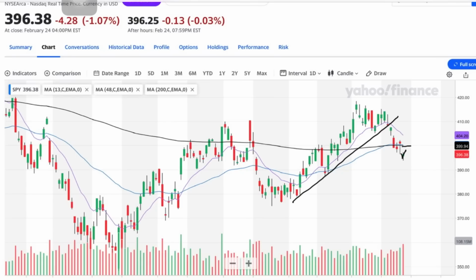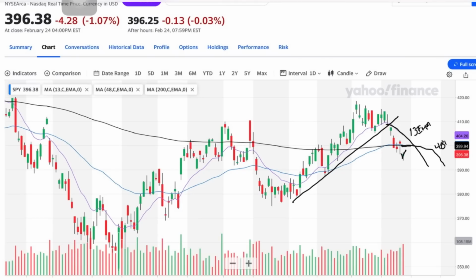But also take a look at this. We have now the 13 beginning to curl over. Okay, and if this curls over and this continues to curl over to the 48, so right here you've got the 13 EMA and then you have the 48 right here.